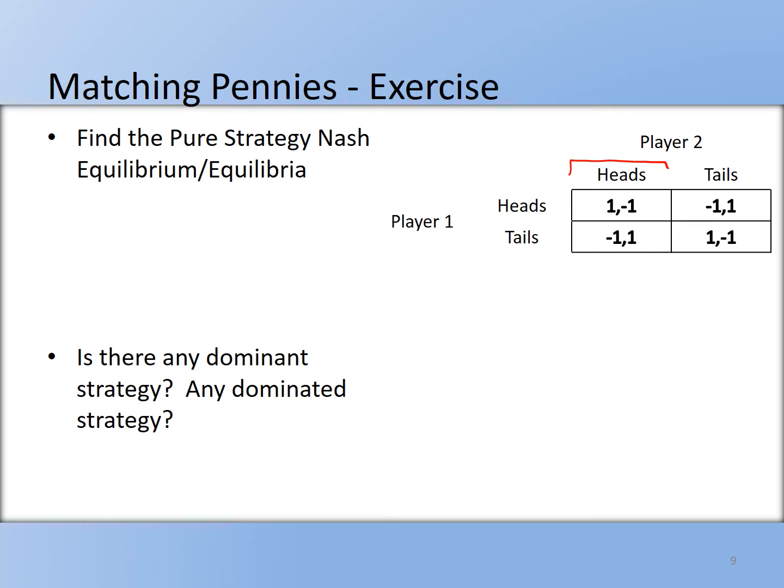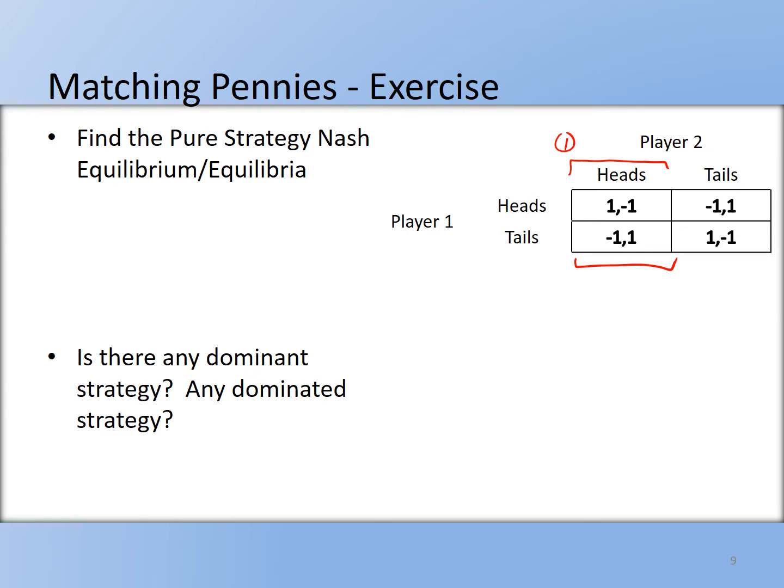So you can naturally imagine that there simply cannot be an agreement of what to do. I win by matching your coin. You win by mismatching my coin. If I win, you lose. If you win, I lose. So there's no stable outcome. And let's show that here.